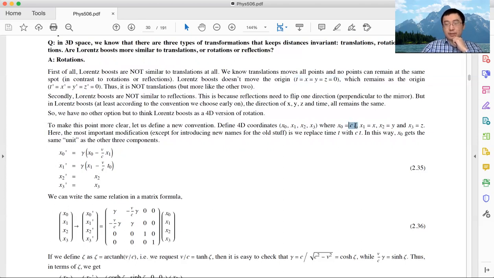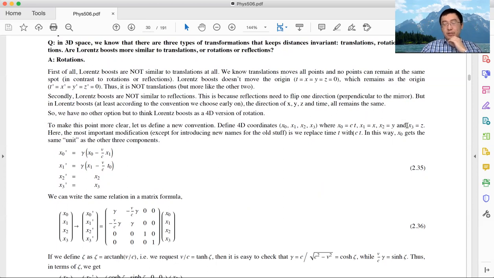The reason I want to multiply by the speed of light here is because speed of light times time gives me the unit of spatial distance. So ct has the same unit as x, y, and z. Adding this factor makes x0, 1, 2, 3 have the same unit. That's the reason for this speed of light.